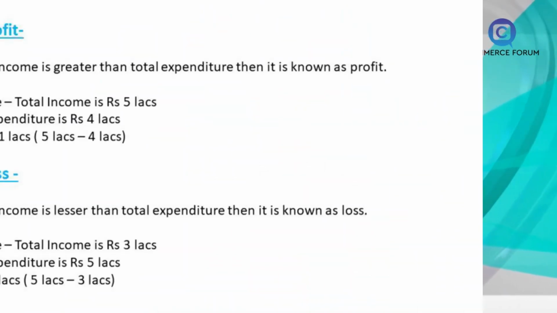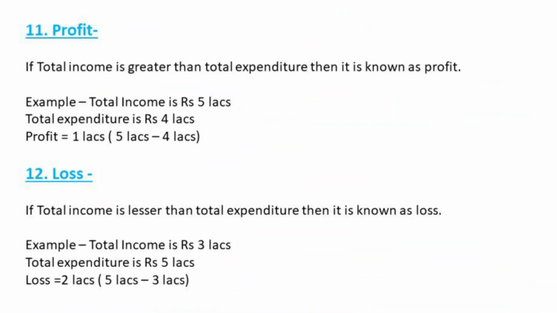Next point is the profit. If the total income is greater than total expenditure, then we call that as a profit. Let's say for example, the total income is 5 lakh rupees and total expenditure is 4 lakh rupees. So the difference of 5 and 4, which is 1 lakh, is what we refer to as profit.